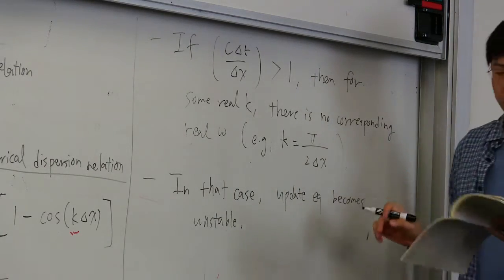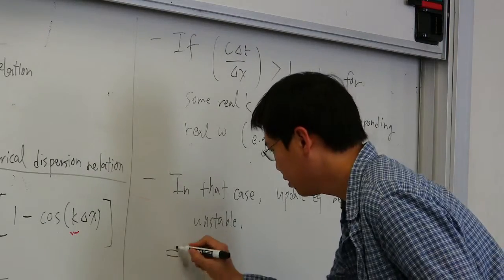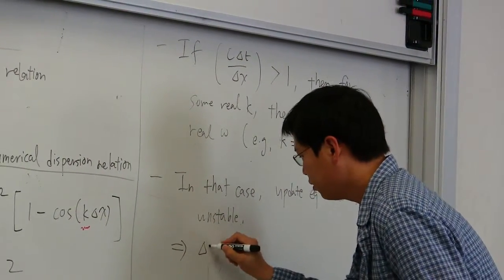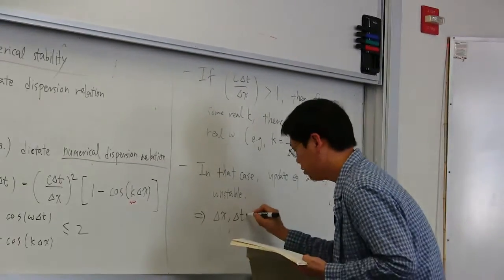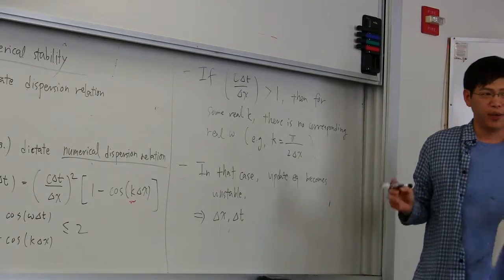I'll show what that means shortly. Therefore, you cannot choose delta x and delta t independently.